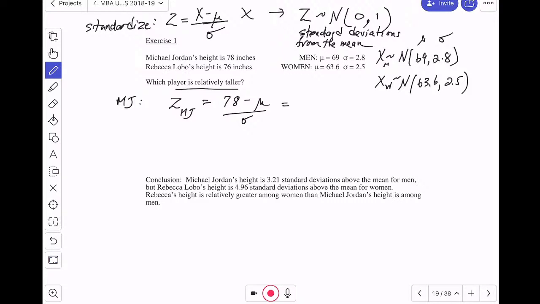So now you take 78 minus the mean for men. So there's lots of means floating around, right? We just got to go to the one for men because that's the relevant one. And divide by 2.8. And then we do the same thing for Rebecca Lobo.